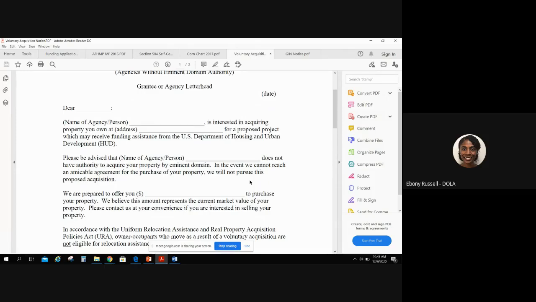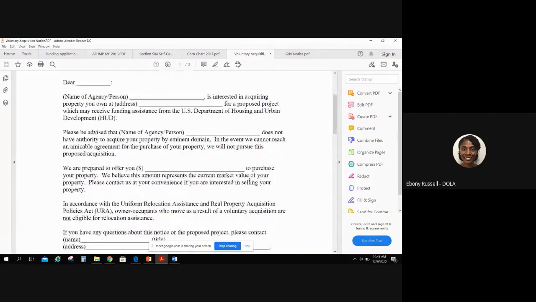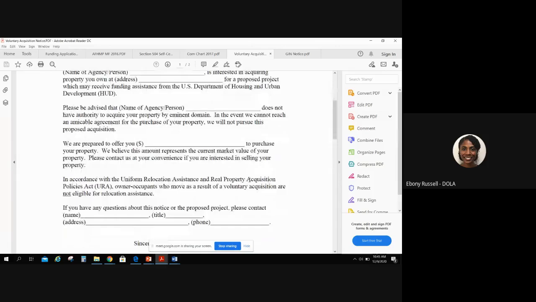So at application, if you know that you are going to be using federal funds or CDBG funds, then you want to be getting this voluntary acquisition notice signed. And it just states that you, the agency, will acquire the property. The owner agrees to sell this property for the agreed upon amount, and that you have offered them a fair purchase price according to the appraisal.